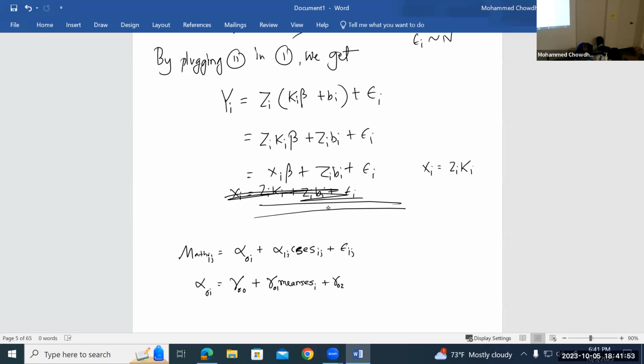Here it is written sector. So sector means whether the school is public or private, something like that. So I put here a sector. And then I put an error term u_0i, like the error term that you are seeing here, it is similar to that b_i. That is similar to b_i. It's random.